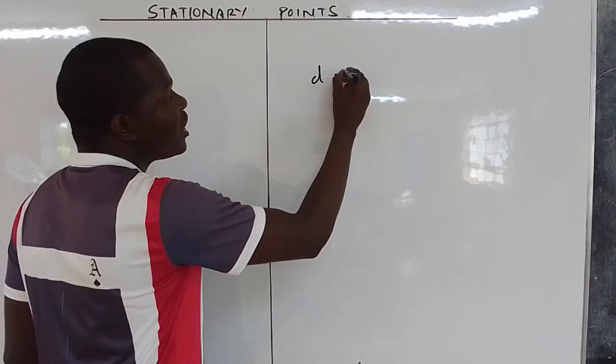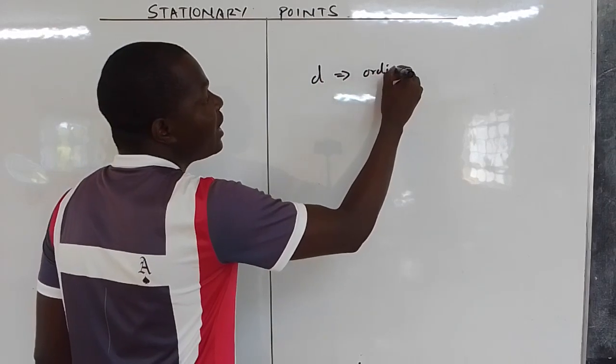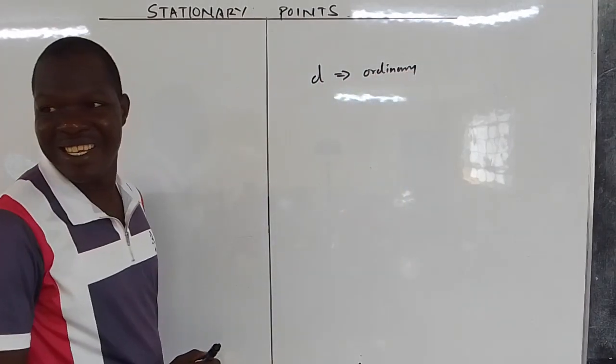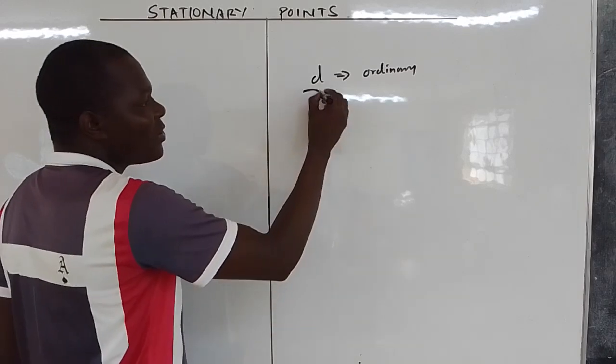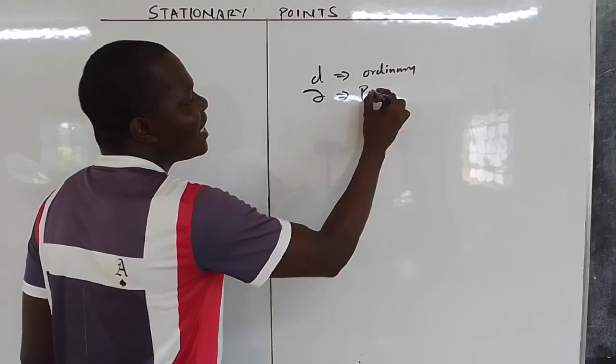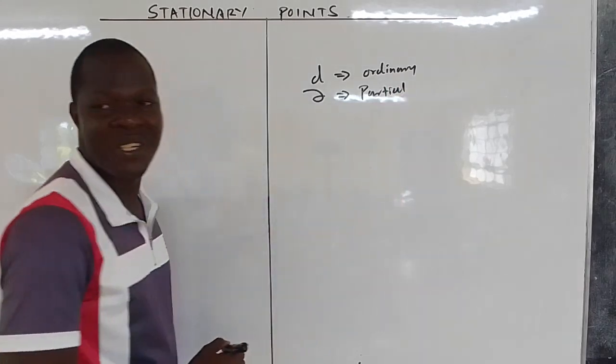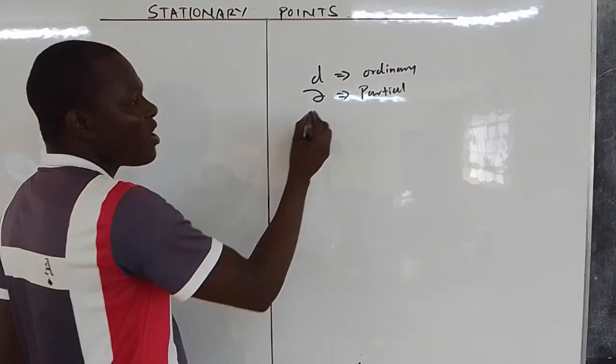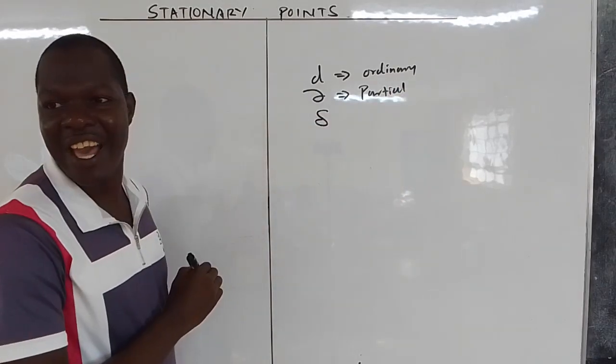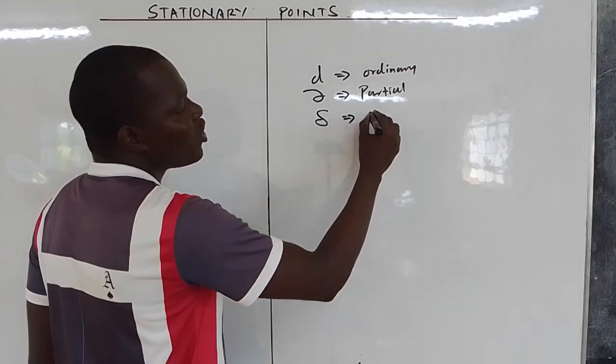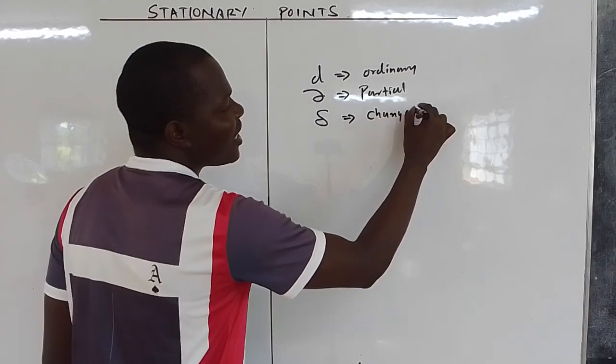If you have this D, that D is for the ordinary derivatives. When you have this D which is bending, that D is for the partial derivatives. Then when you have this D which looks like S, this D is usually used to denote what? Changes, or just small changes.